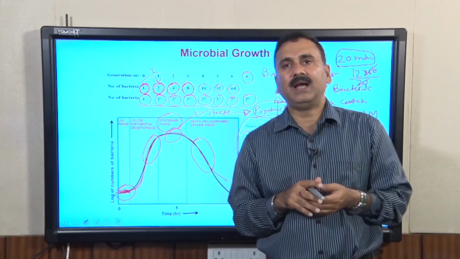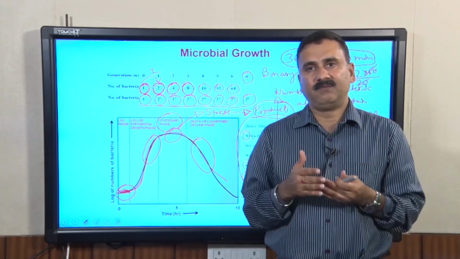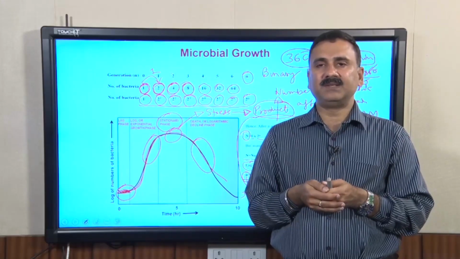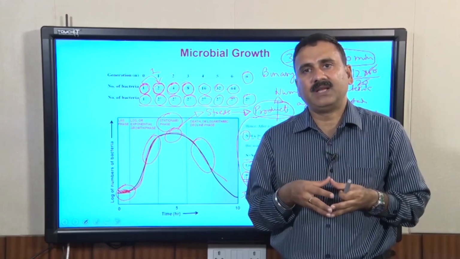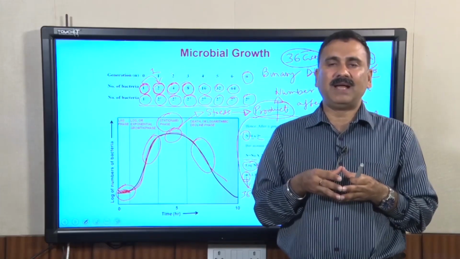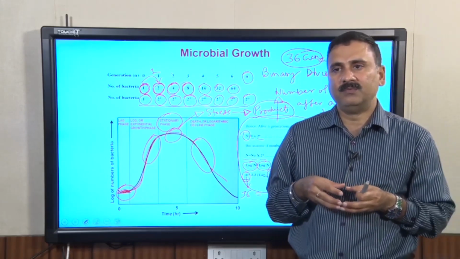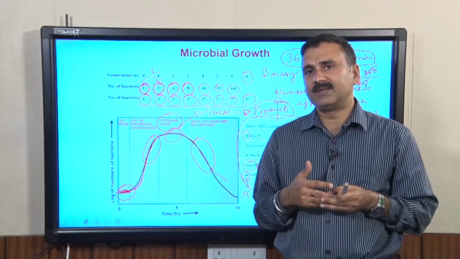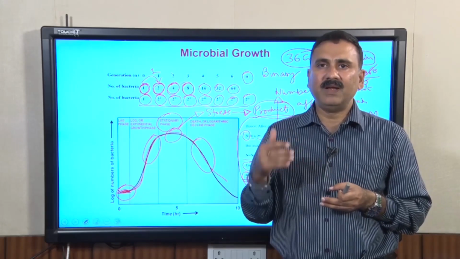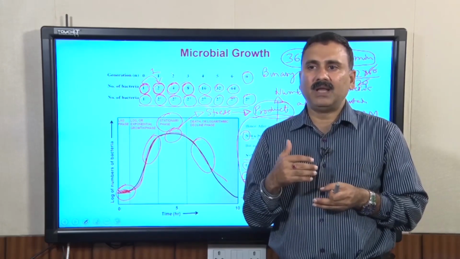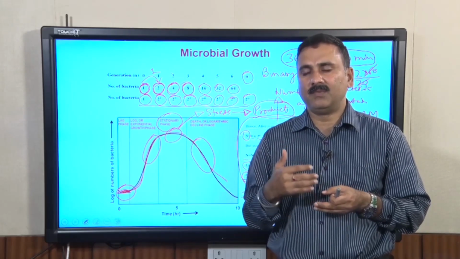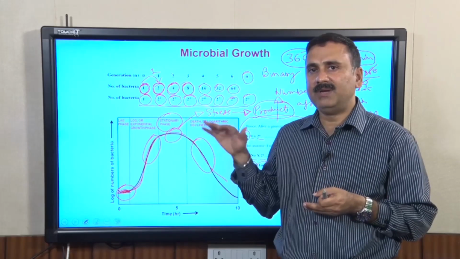What we have discussed are the different types of multiplication modes present in the prokaryotic system. We have also discussed the different techniques and methods to measure bacterial growth, and at the end we have discussed the different phases through which the bacterial cell goes and attains growth within the media.